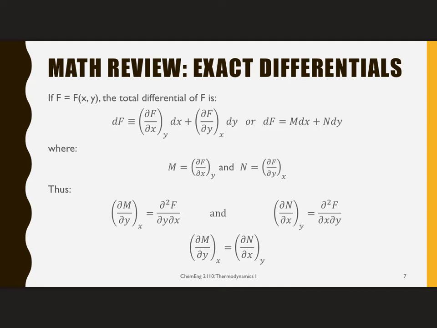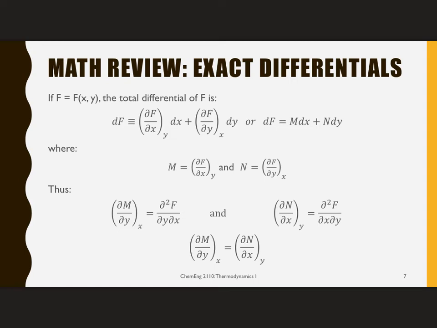And dN/dx is looking at the second derivative of f with respect to y first and then x. And for smooth continuous functions that have exact differentials, those two need to be equal to each other.